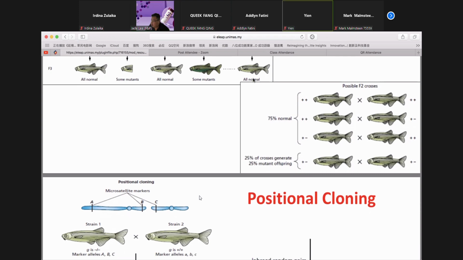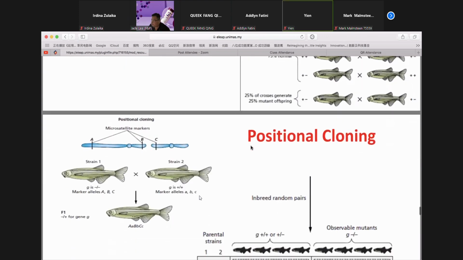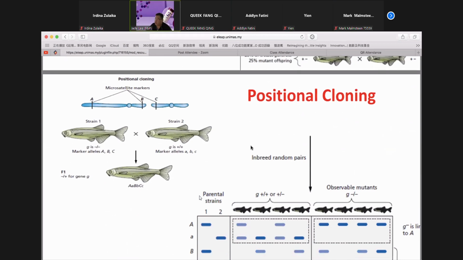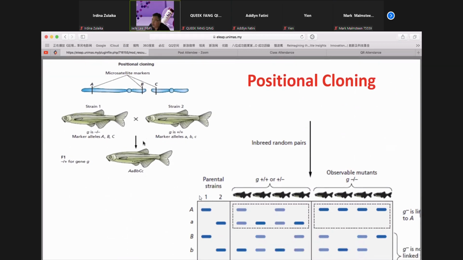Ya? Okay. Dan kalau kita buat positional cloning, kita boleh gunakan macrosatellite punya marker tu dan kita di sini marker allele ABC, di sini ialah G is negatif ni maksudnya kita dah keluarkan.